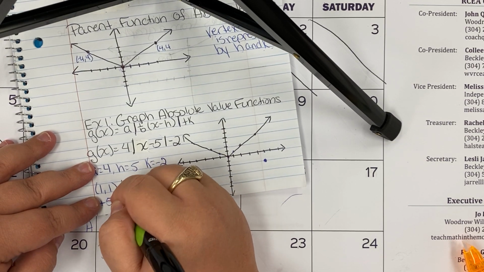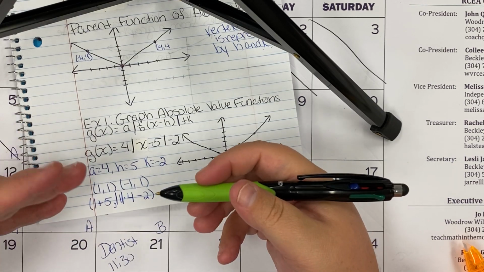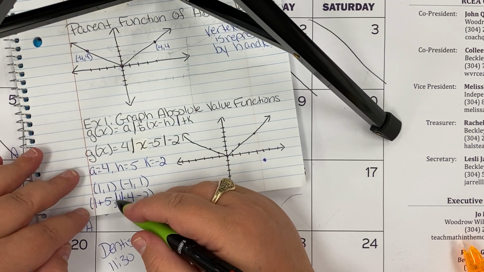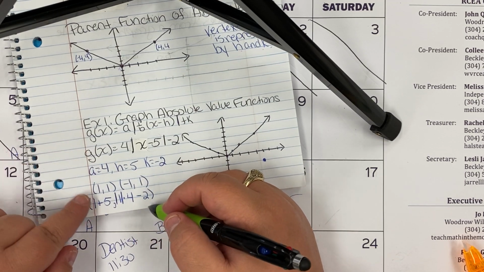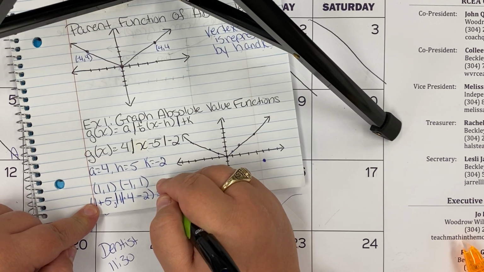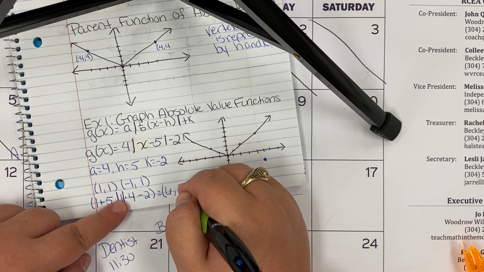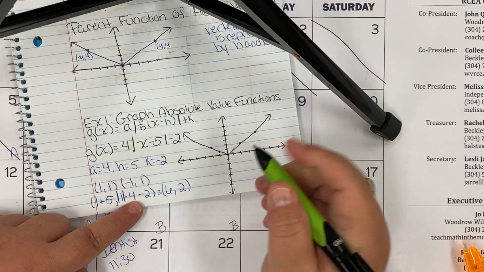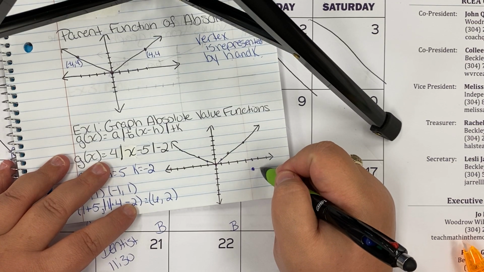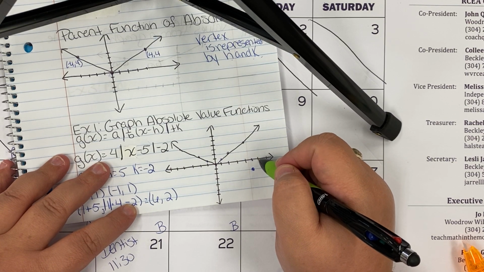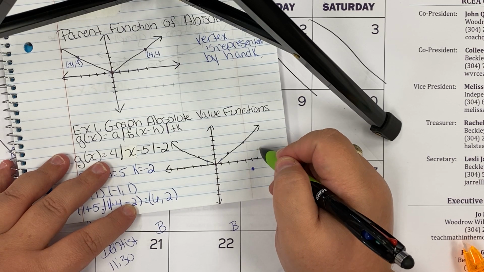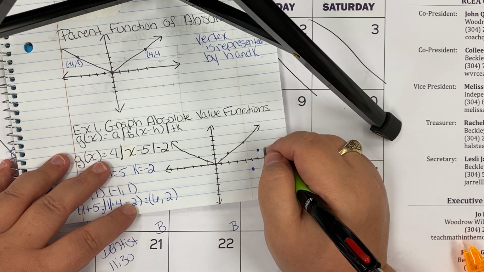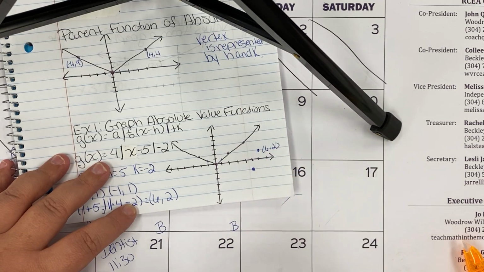Technically taking the absolute value of 1 and multiplying it by 4. So this point, 1, 1, is going to become 6, 2. Absolute value of 1 is 1 times 4 is 4. 4 minus 2 is 2. So my new point is over 1, and I'm going to go up to 2. So this point is 6, 2.